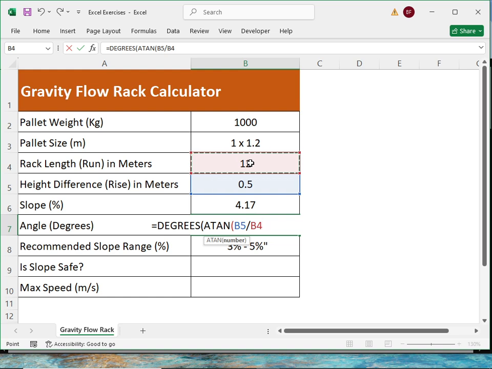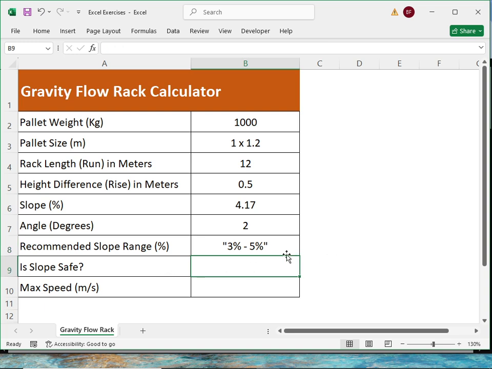Then I close it and press enter. So our angle would be 2 degrees. Our slope in percentage is 4.17%, well within the safe limit of the recommended 3 to 5% slope range.